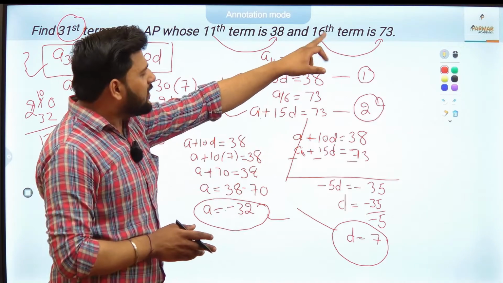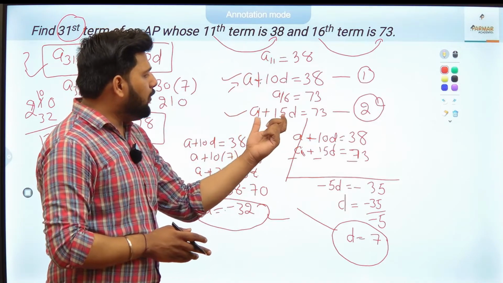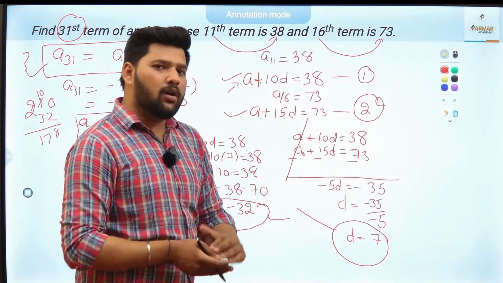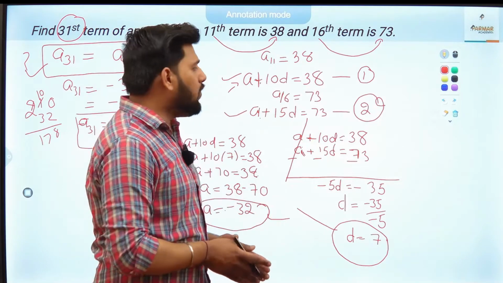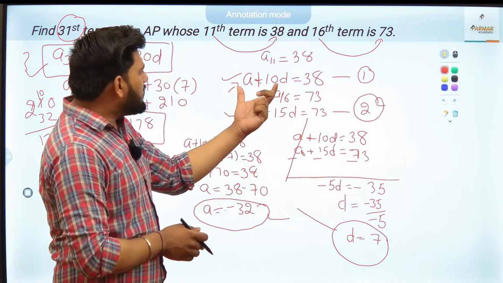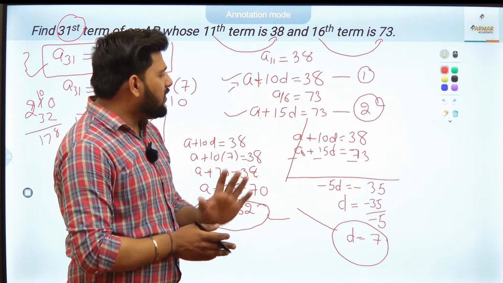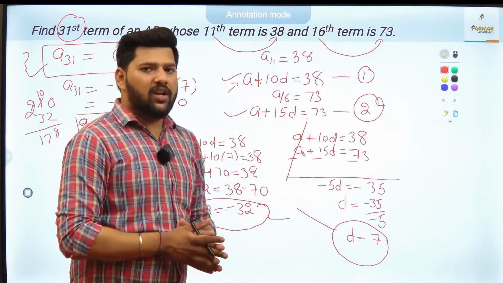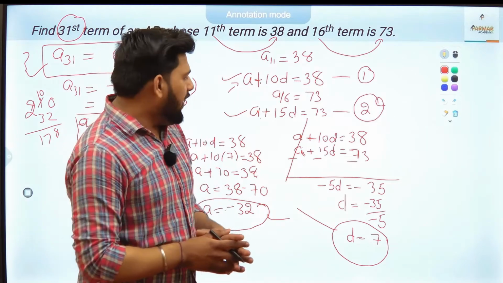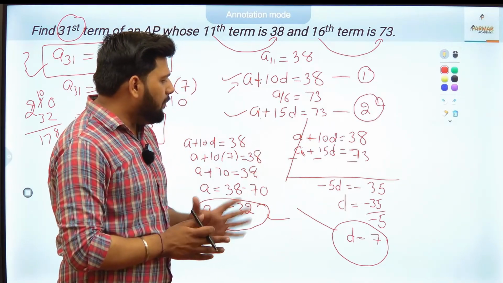For the 16th term, I am using a plus 15d. This is the basic formula to find the nth term. So a plus 10d is equal to 38 and a plus 15d is equal to 73. So these are the two linear equations in two variables. Now we have to solve these equations using the elimination method.